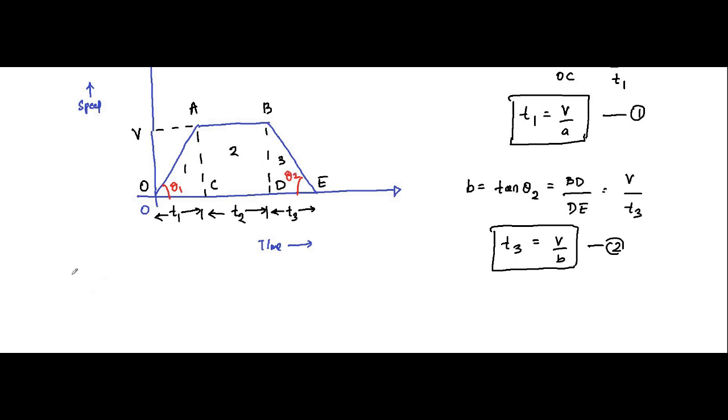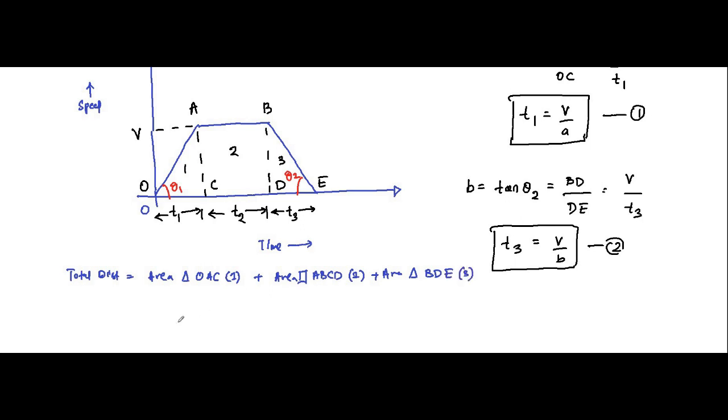So the total distance covered is the area of triangle OAC, which is region 1, then area of rectangle ABCD, which is region 2, then area of triangle BDE, which is region 3.